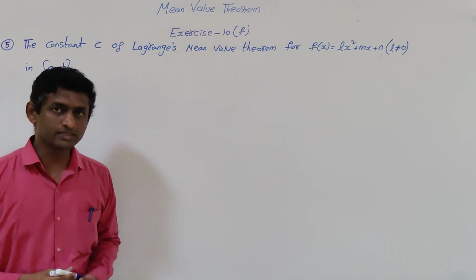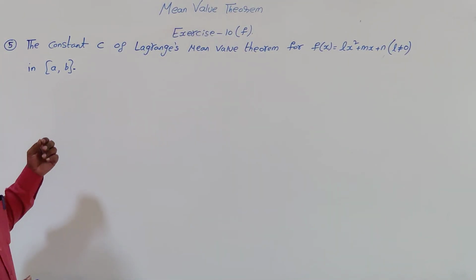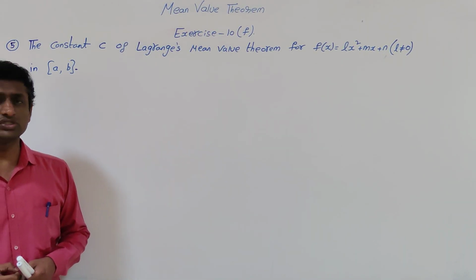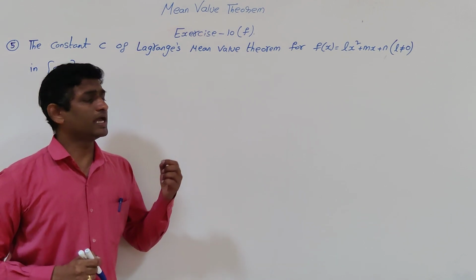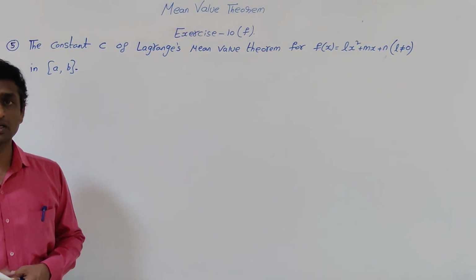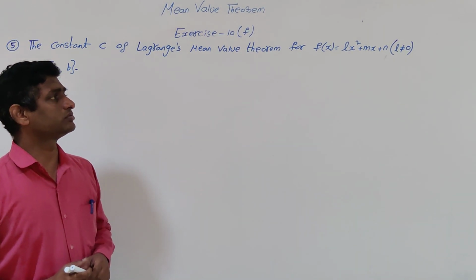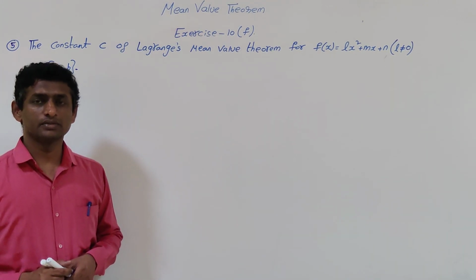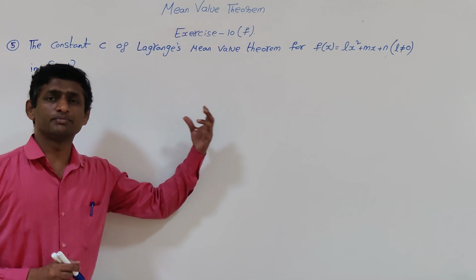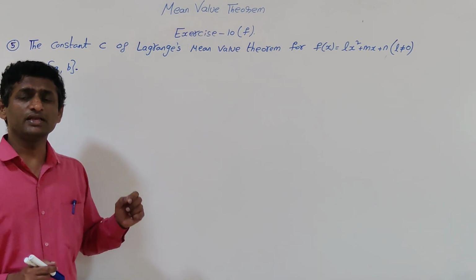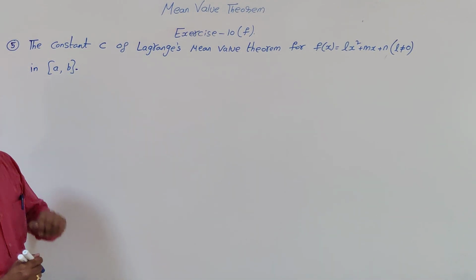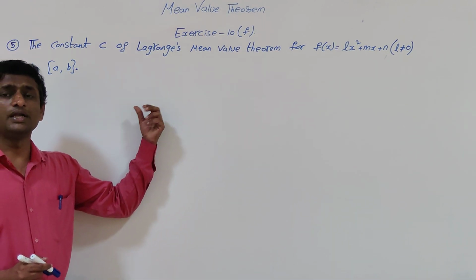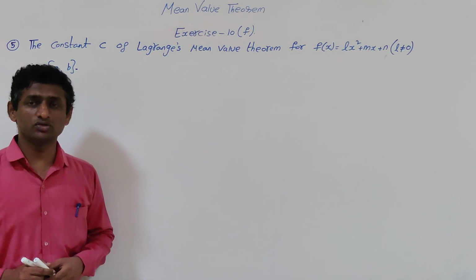So the next problem is find the constant C of Lagrange's mean value theorem for the function f of x is equal to Lx square plus mx plus n, where L not equal to 0, in closed interval a comma b. Means it is a quadratic polynomial defined in the closed interval a comma b, and it satisfies the conditions of Lagrange's mean value theorem.